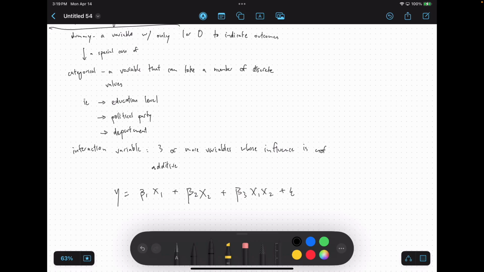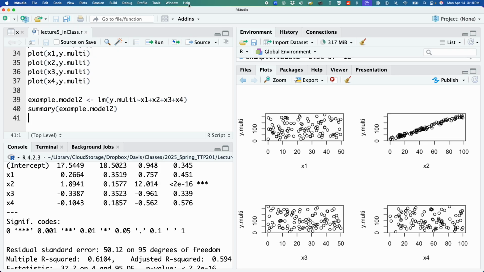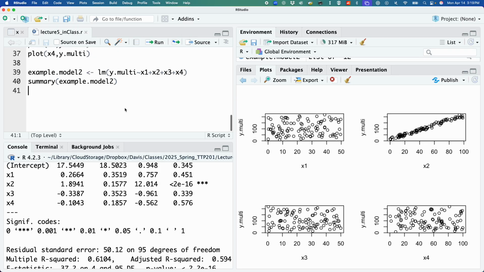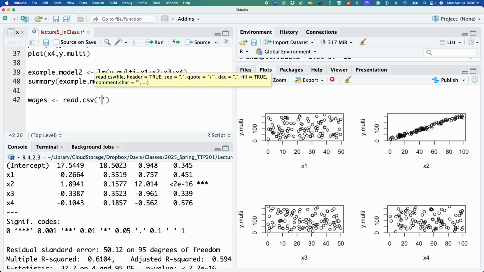There is a CSV called wages that I'm going to use for these examples. To read a CSV, I use a function called read.csv.